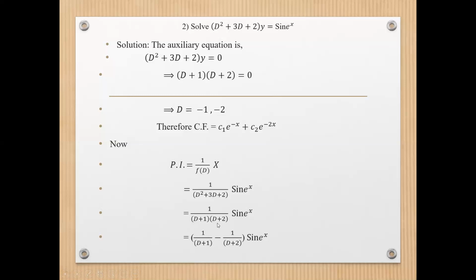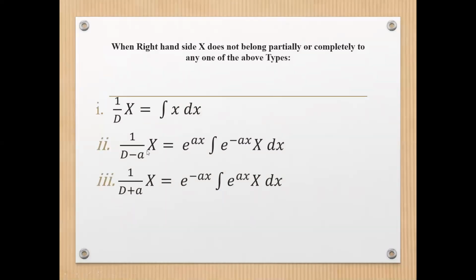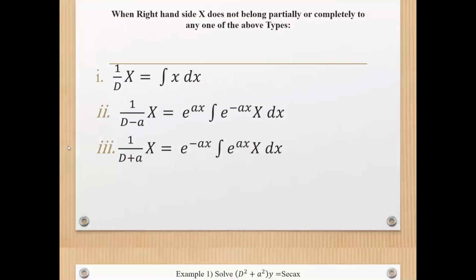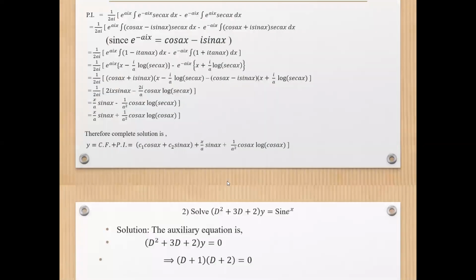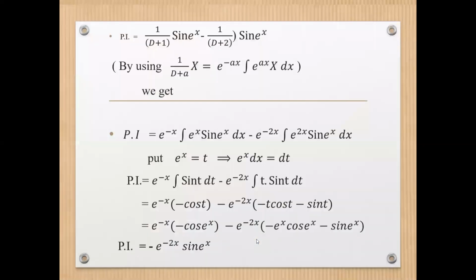Why are we using partial fractions here? Because in order to use these two formulae, it is necessary that the denominator must have a linear factor. For that purpose we have taken partial fractions. Next, by using partial fractions, this can be written as 1 upon D plus 1 minus 1 upon D plus 2 of sin e raised to x. Now multiply sin e raised to x inside the bracket. What do we get?